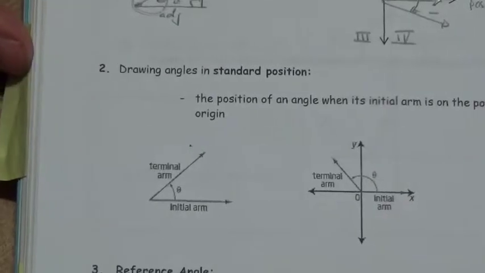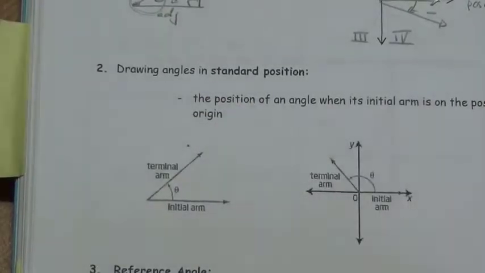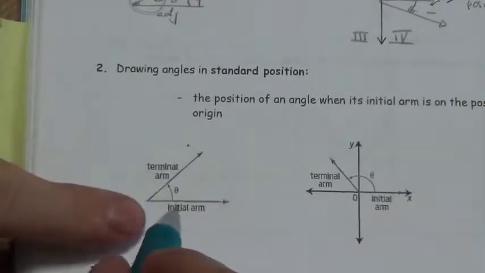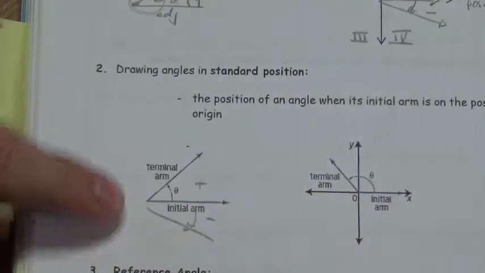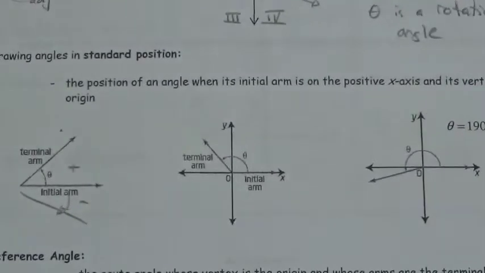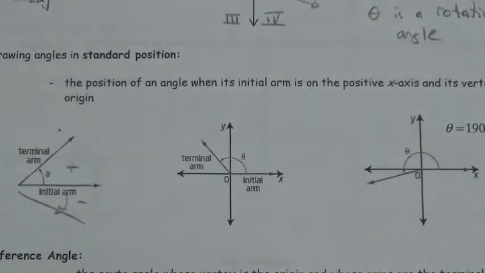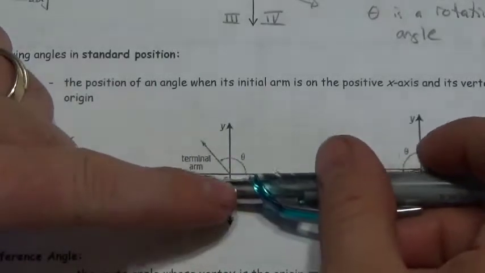So, a little summary here, drawing an angle in standard position. The initial arm is on the positive x-axis, the vertex is on the origin. Going out this way is going to be positive, going this way is going to be negative. Now the amazing thing about this is that it opened up a possibility for people studying trigonometry.